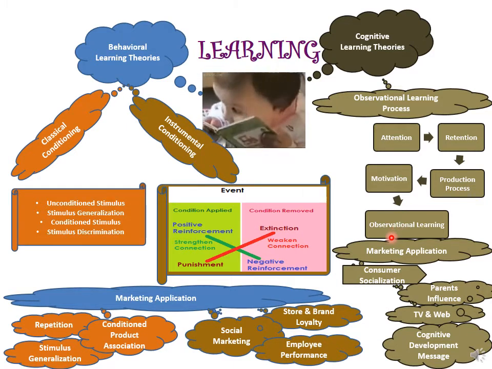In this marketing application, the marketer needs to convince consumers to buy the product. Because of cognitive learning, marketers only need to influence the sources which influence the consumer. Consumer socialization is the process by which young people acquire skills, knowledge, and attitudes which are relevant to their functioning in the marketplace. Basically, they can be influenced by their parents.